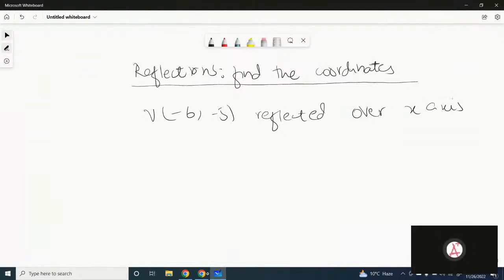Whenever the point is reflected over the x-axis, the x component is exactly the same. Got it? Just the sign of the y component is changed.